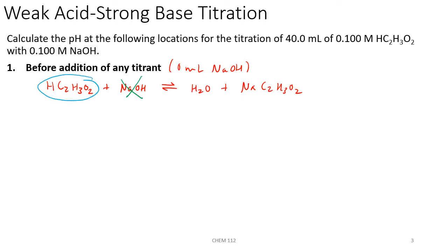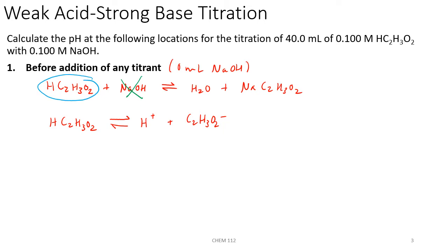So we can write the dissociation of our weak acid. Acetic acid is going to ionize to a small extent into the hydrogen ion and its conjugate base, the acetate anion. We have done many problems calculating the pH of a weak acid solution.